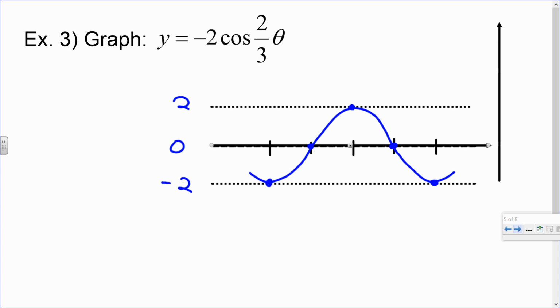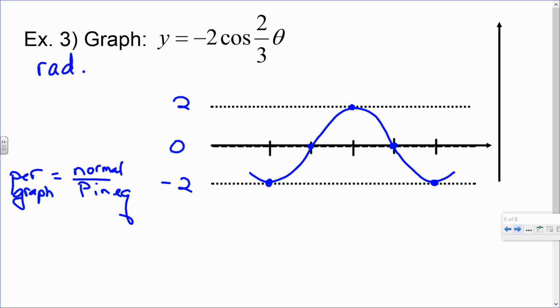Okay, next thing we have to do is to figure out what the period needs to look like on the graph. So the period on the graph needs to be normal over the p in the equation. Is there anything in this equation that says degrees or radians? Not in the equation. The only thing saying that we're going to do it with radians is your teacher says we're going to do it in radians.